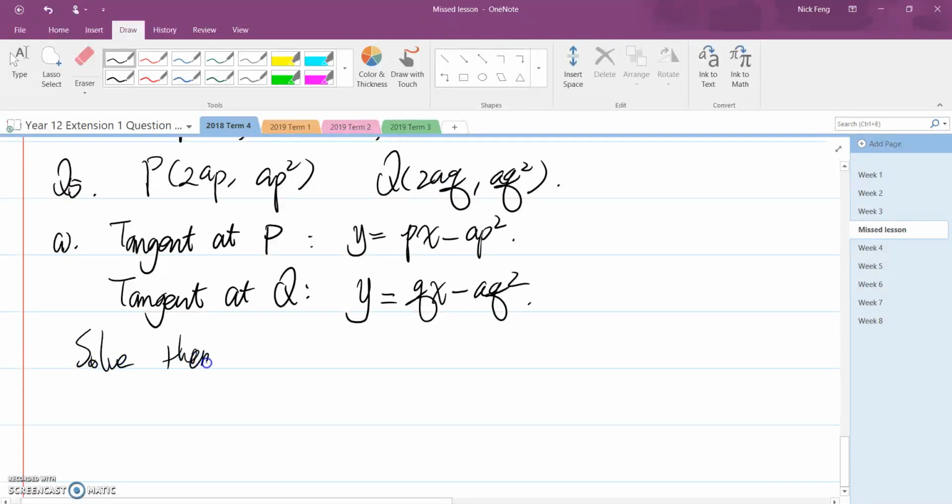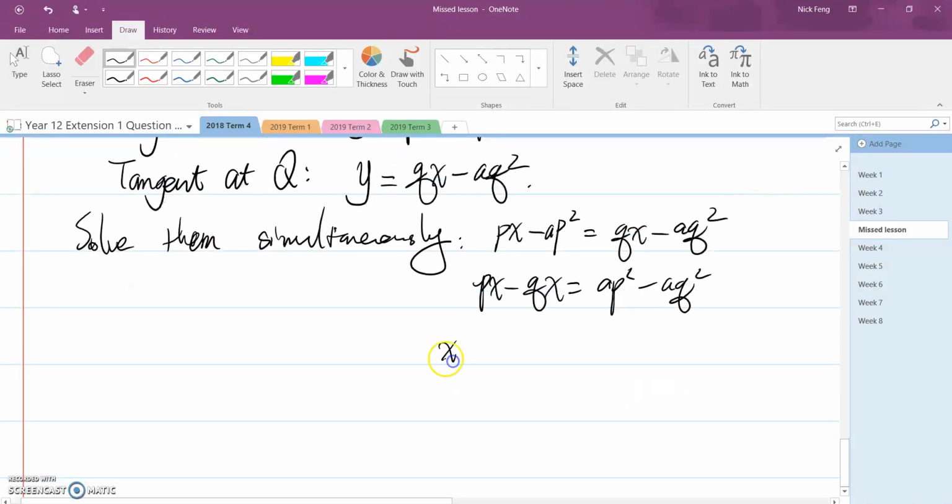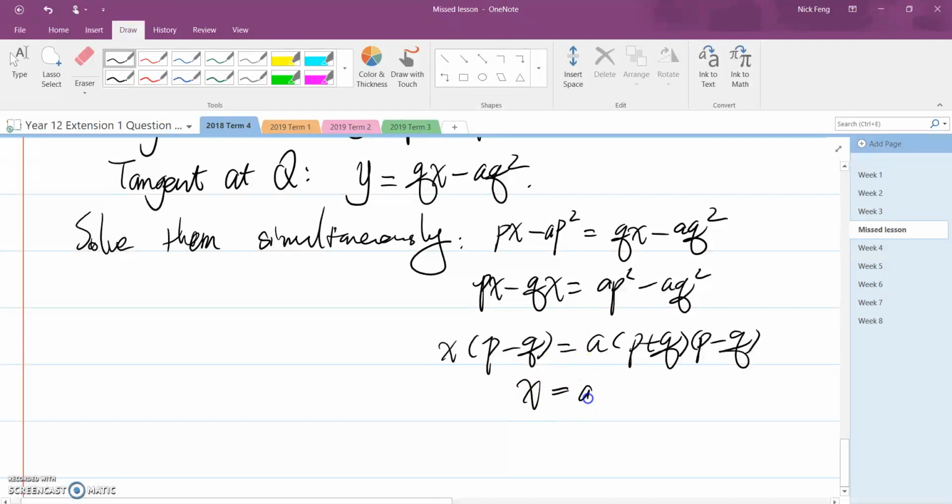That gives px minus ap squared equals qx minus aq squared. So px minus qx equals ap squared minus aq squared. Take out the common factor x(p minus q), a(p plus q)(p minus q). The x coordinate of the intersection is a(p plus q).